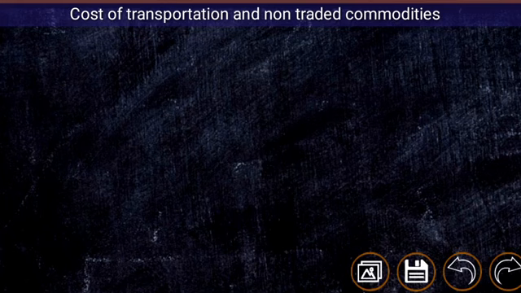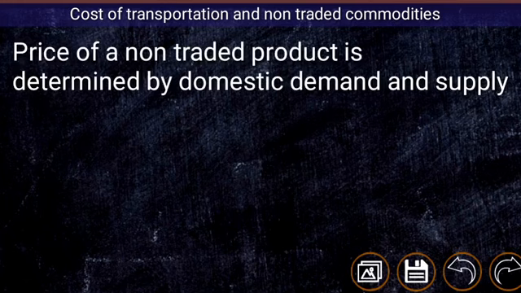Therefore, we can say that the price of a non-traded product, that is, a product where there is a lack of international trade, is determined by domestic demand and supply.